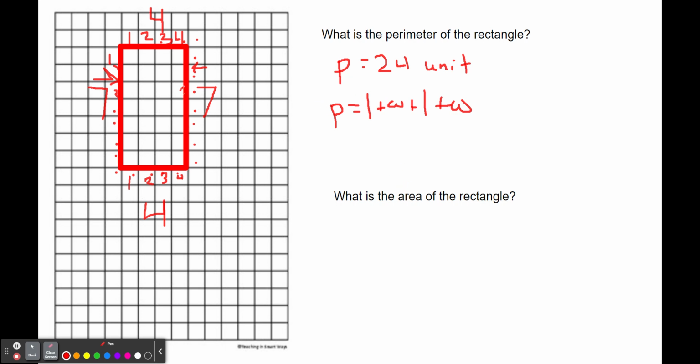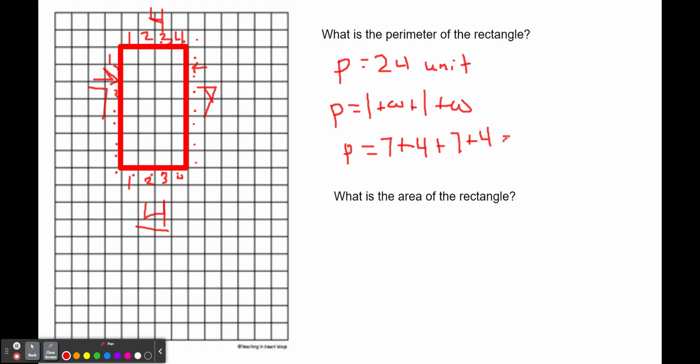Okay, so let's go ahead and put this in. So the length over here is going to be 7. And then our width is this part over here, plus 4. And then we're going to do length and width of this side. So we have length, which is 7, plus our width, which is 4.